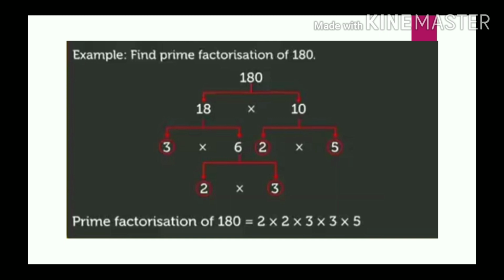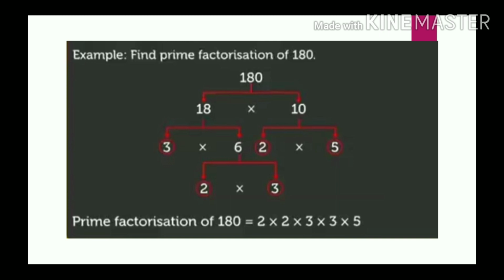Now see, here we get 3, 2, 5 as prime numbers, but 6 is again a composite number, so we have to further solve this. So we get 2 multiplied by 3, which are prime numbers. Now we get all prime numbers at the end, so our factorization is over.